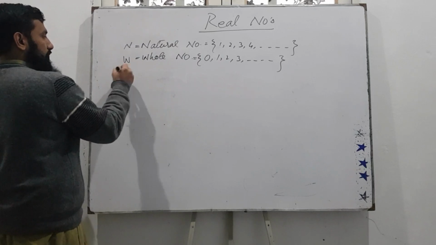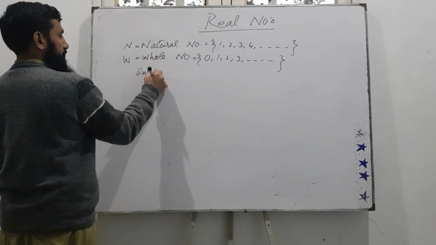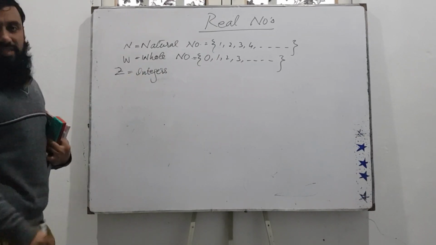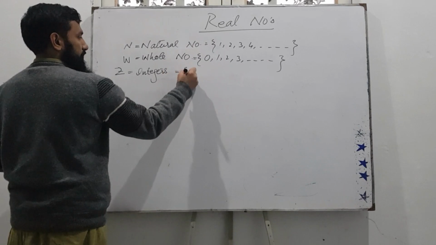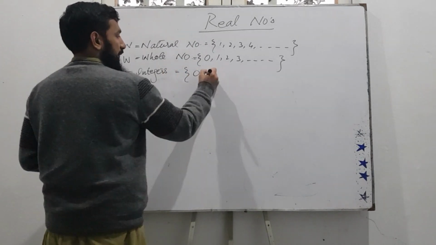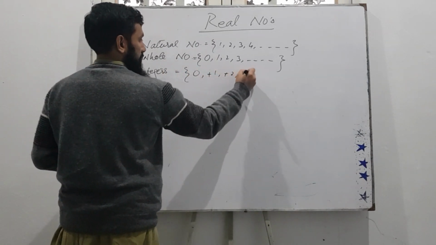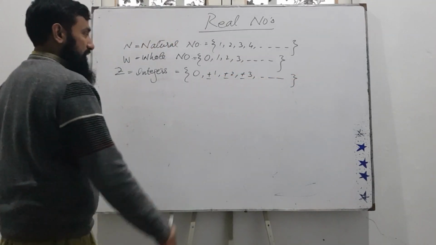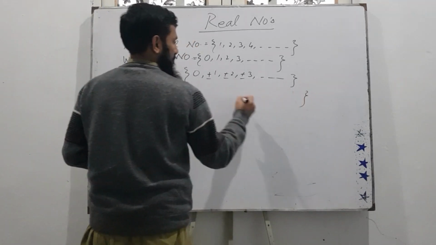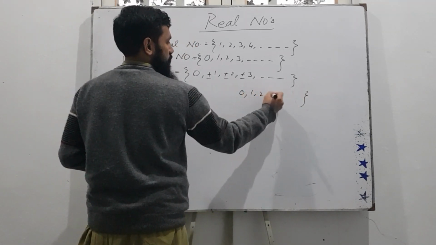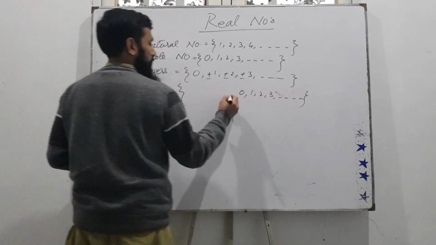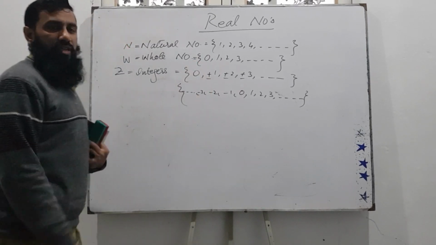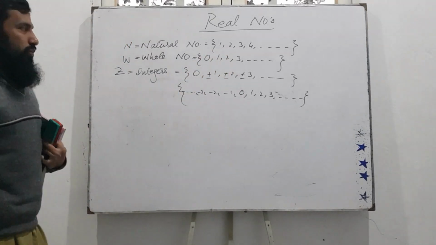Then there is the set of integers, which is represented by the letter Z, and this set includes 0, all the positive numbers as well as all the negative numbers. You can see its representation in this way: 0, 1, 2, 3, 4 and so on, and then -1, -2, -3 and so on. You can even write the integers in this way.